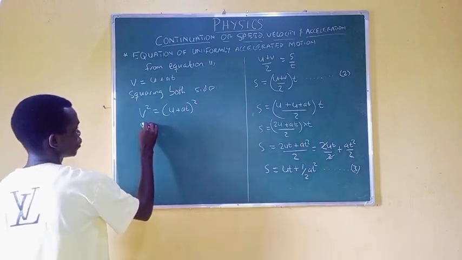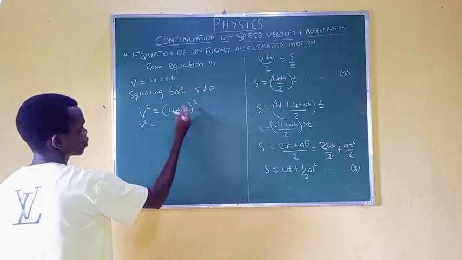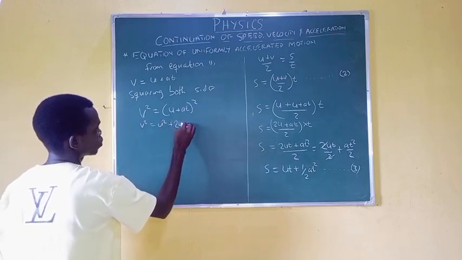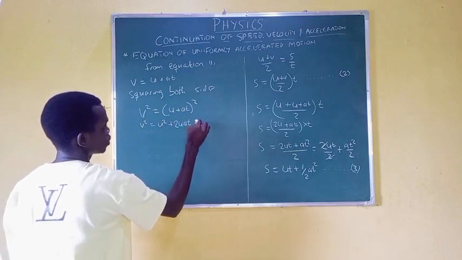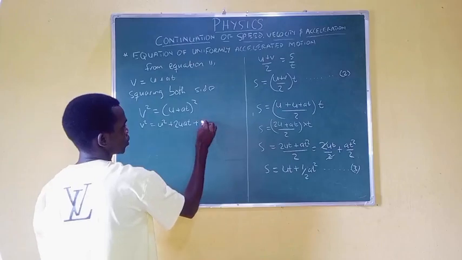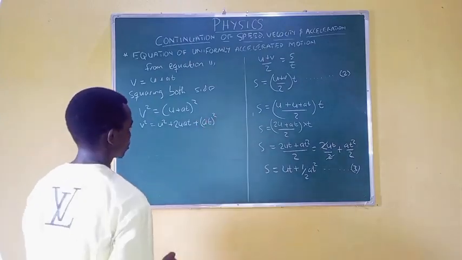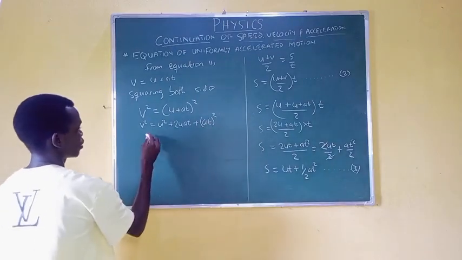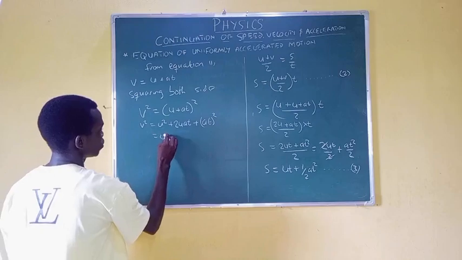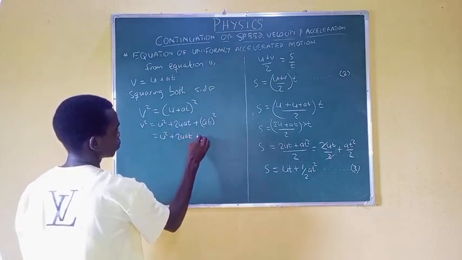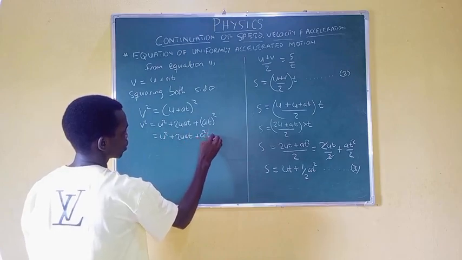This will now be v squared is equal to u squared plus 2uat plus a squared t squared.